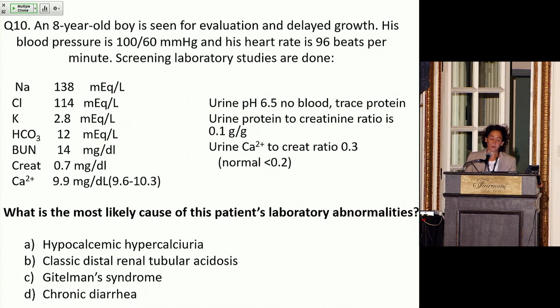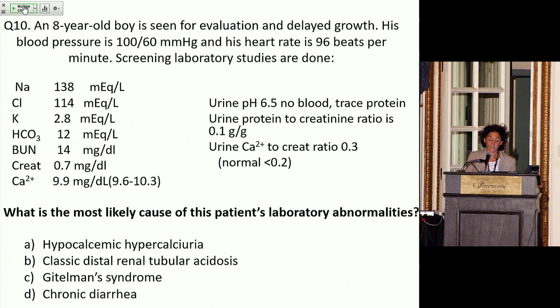An 8-year-old boy is seen for evaluation of delayed growth. His blood pressure is 100/60, heart rate 96. Screening labs are done because he's not growing. And you can see here his potassium is 2.8, bicarbonate is 12. BUN and creatinine are there. Serum calcium 9.9.